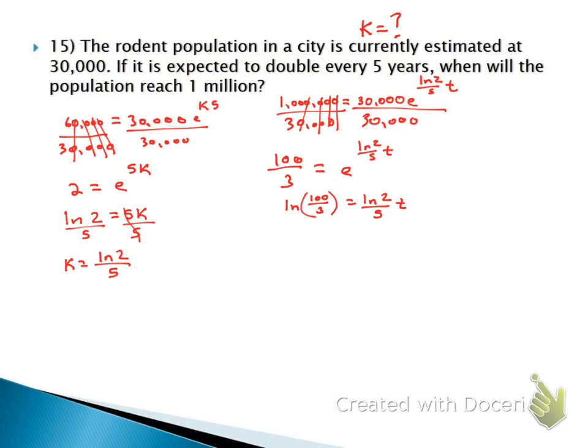Be careful here, that's not ln of 2/5. That's the natural log of 2 divided by 5. You all follow me on that?